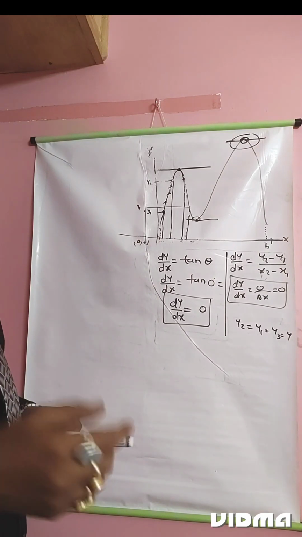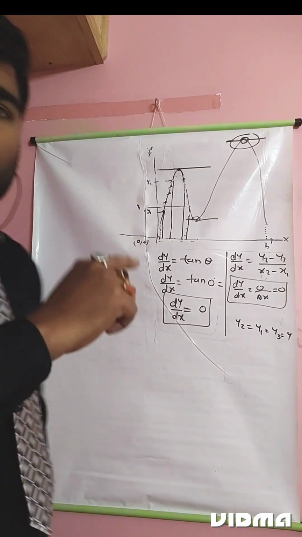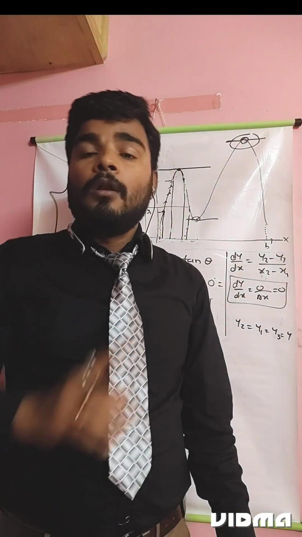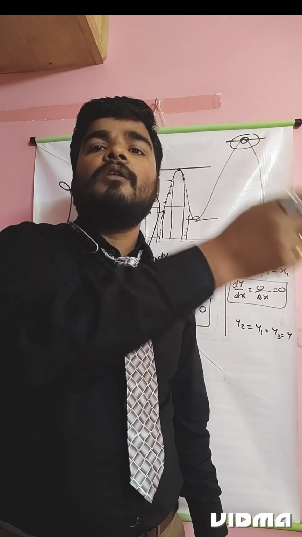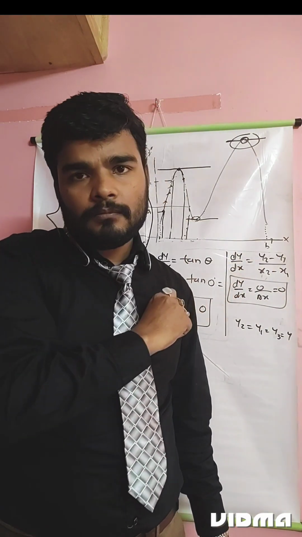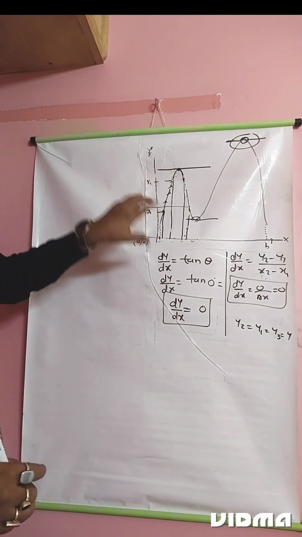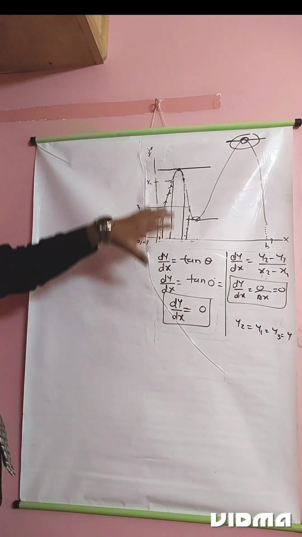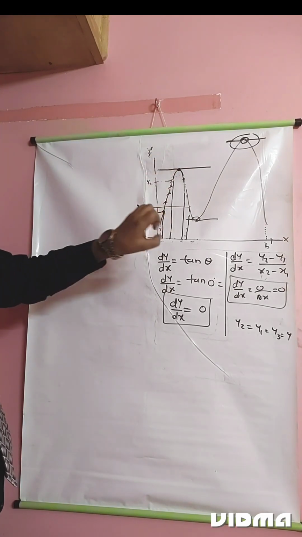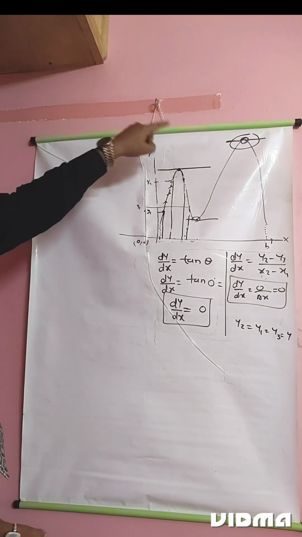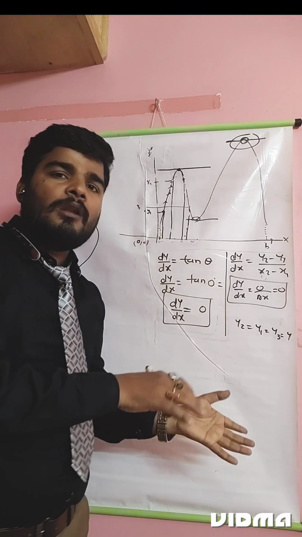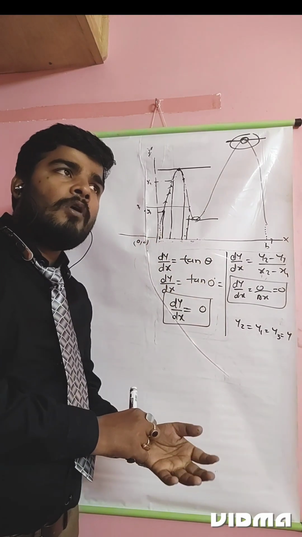A critical point is a point where the curve changes its nature, not necessarily a point where the curve attains maxima or minima. Yes, if at any point the curve attains maxima or minima, then surely that is a critical point.